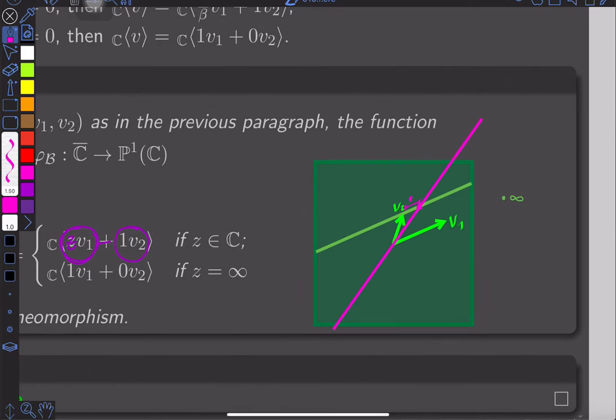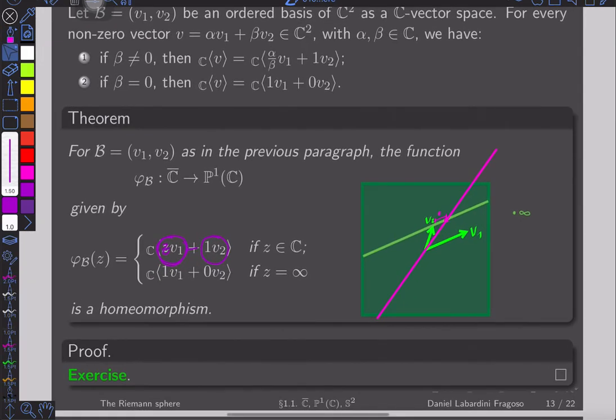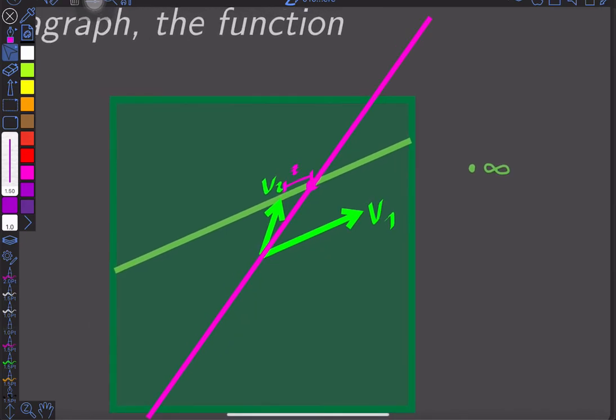So what am I saying? What this represents, for the inverse: in order to go from the one-dimensional vector subspace and recover the scalar, what that amounts to is simply taking the one-dimensional subspace and seeing where it crosses the copy of the complex numbers sitting at height 1 in V2. That's what I mean.